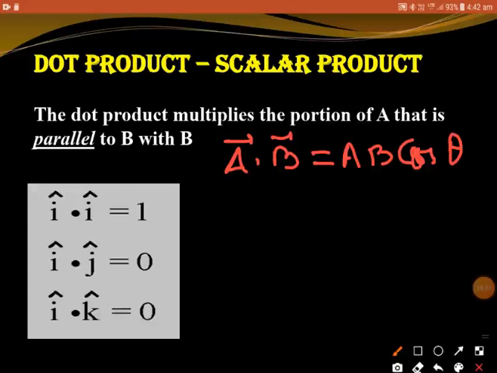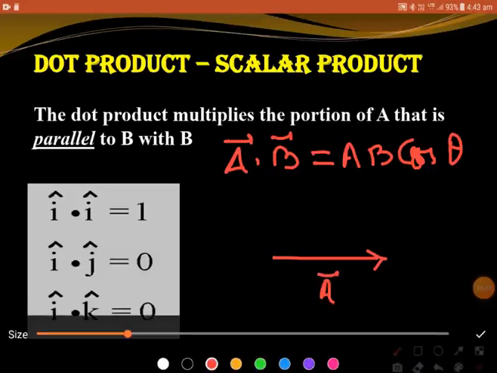For example, what if you draw a vector like this? Let's represent this by a vector. Another vector, somewhere here like this, represents another vector, b vector. And let's take it that the angle between them is theta.